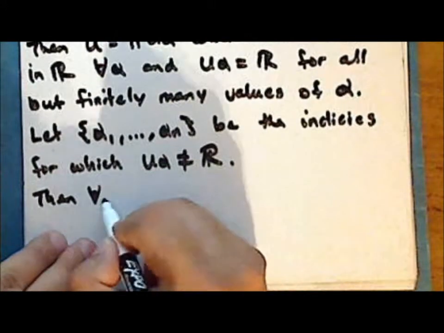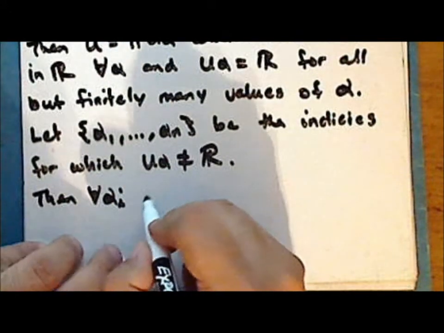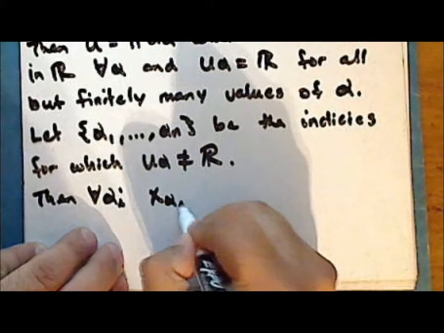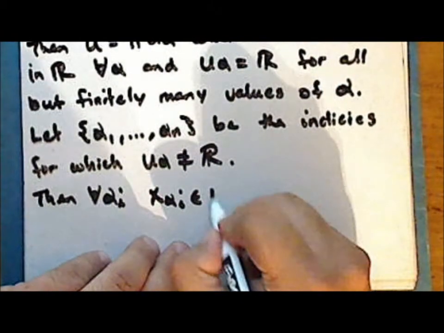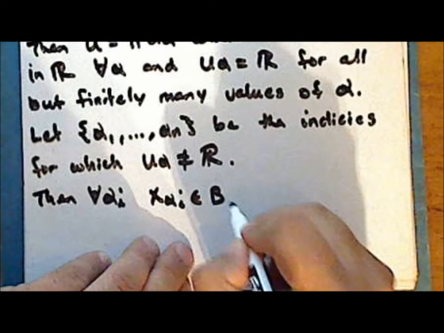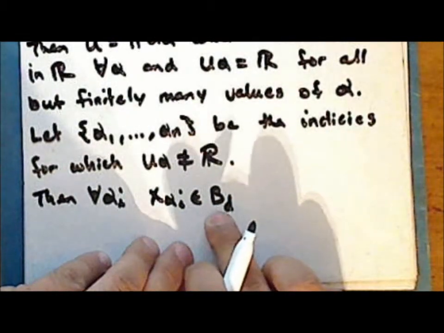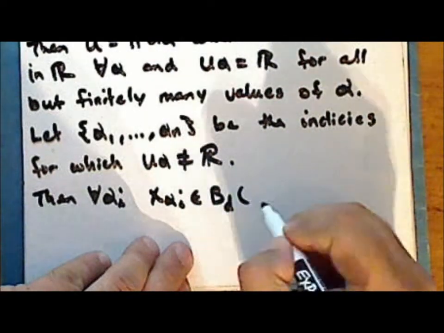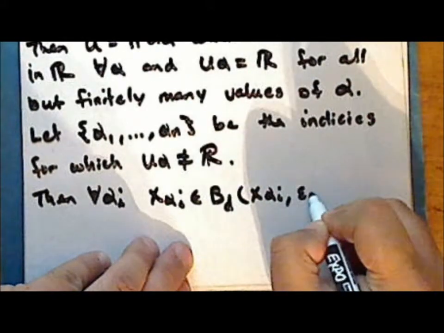Then as each set is open in the real line, we have that for every alpha sub i, the coordinate x sub alpha sub i is in a basis element, which is the open ball in the standard bounded metric centered at that point with some radius epsilon sub i.